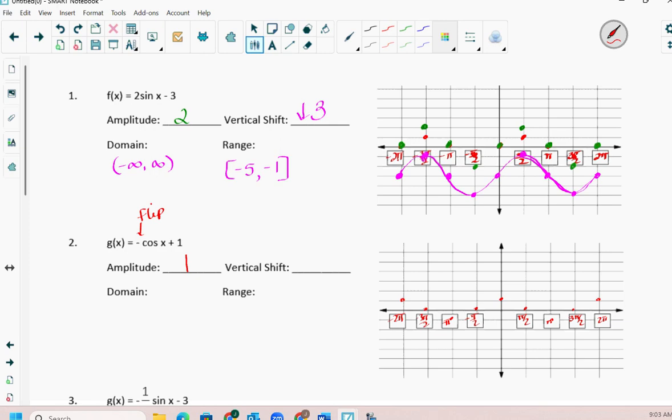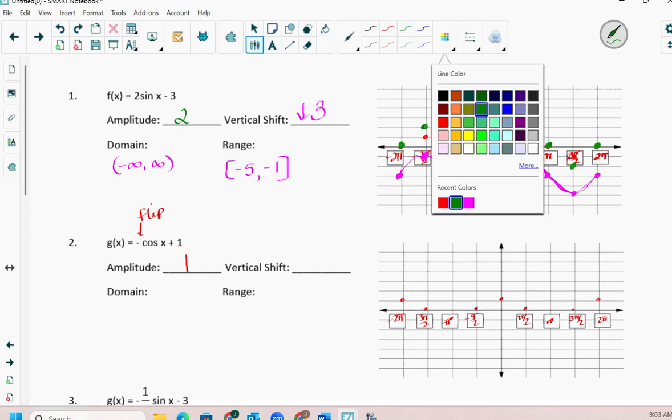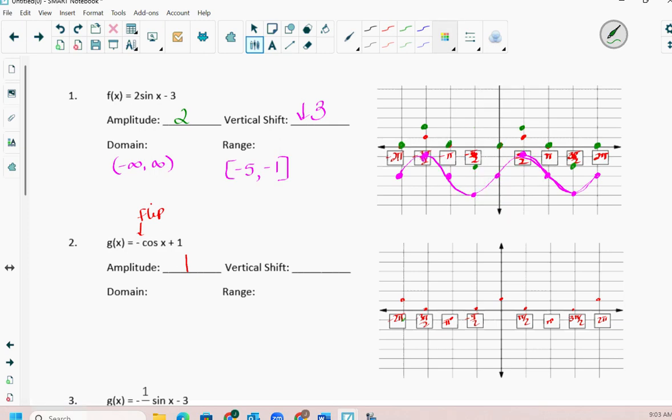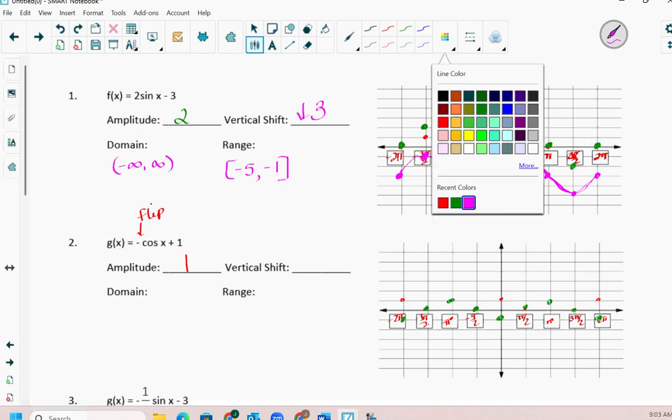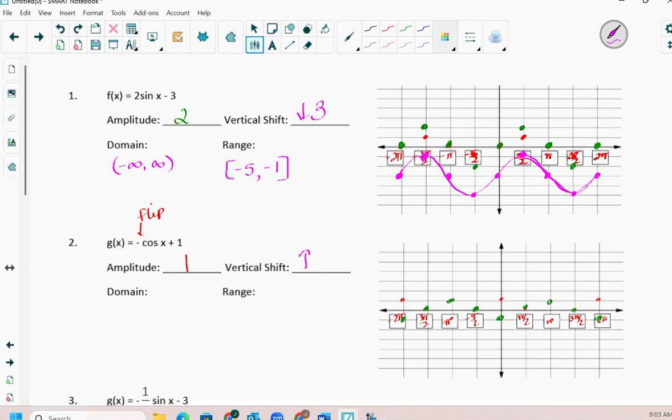All right, so I'm going to flip first. That -1 out in front. Okay, and then my final step, I need to go up 1. So the green dots are moving up 1.